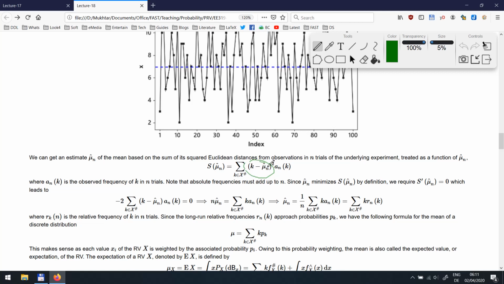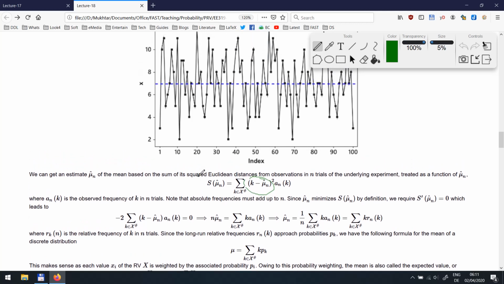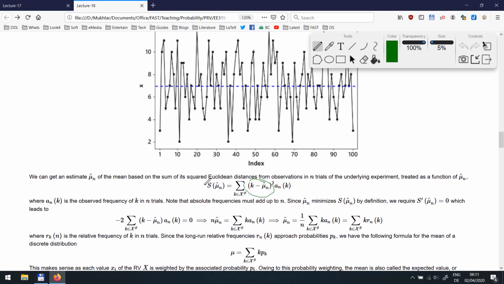So the squared distance of each point, and then if I add all those squared distances, I should get a measure of fitness. Why do I say it's a measure of fitness? Because if this sum of all distances is small, I can say it is a good fit. If it is large, I will say the fit is not good.